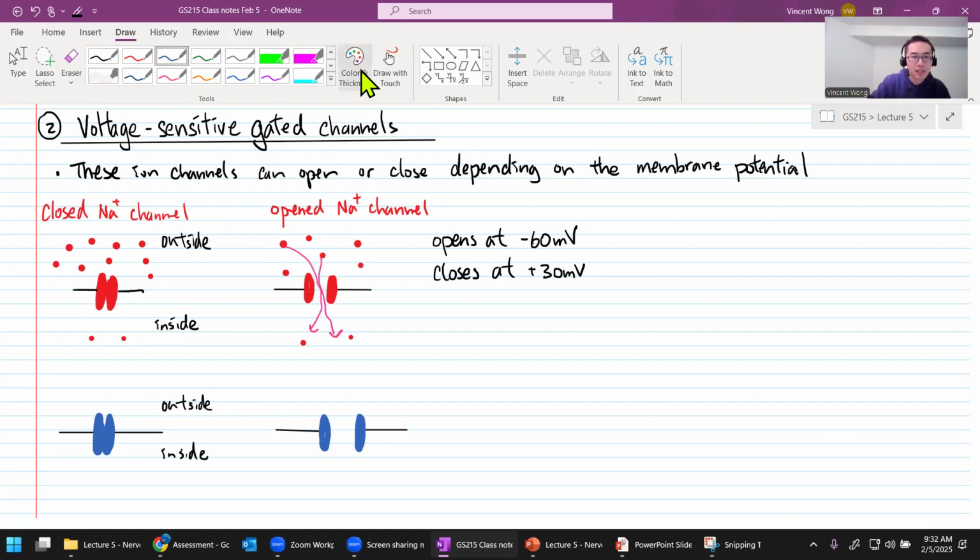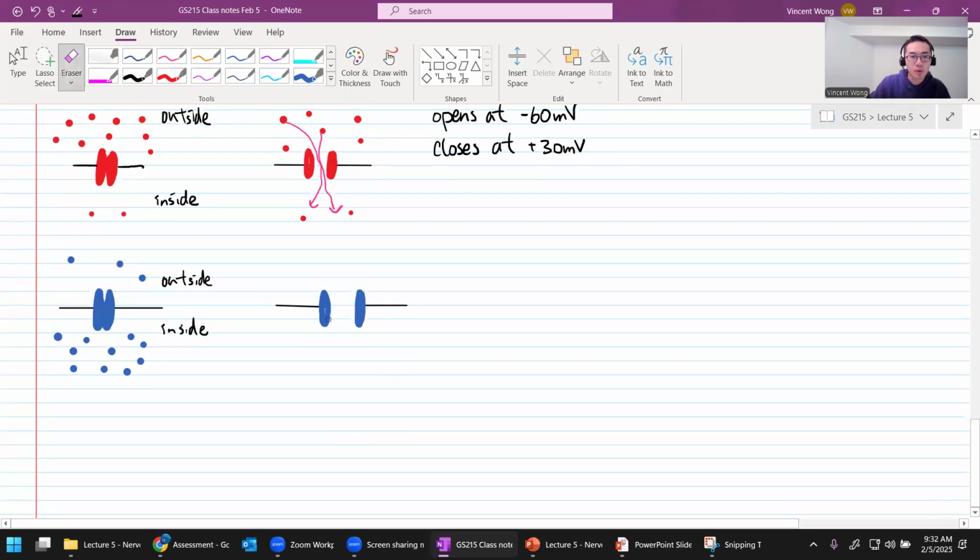Because of the sodium potassium pump that keeps pumping them in, we have lots of potassium inside. They want to go outside, but they can't because the doors are closed and they have to wait for the doors to open. As soon as the potassium gates are open, the potassium will leave the cell.